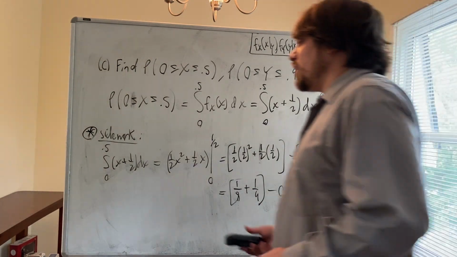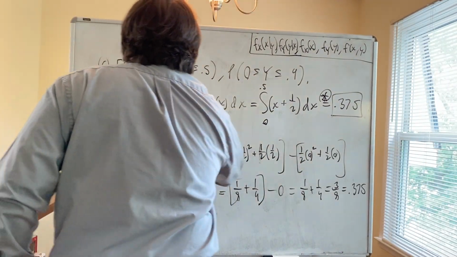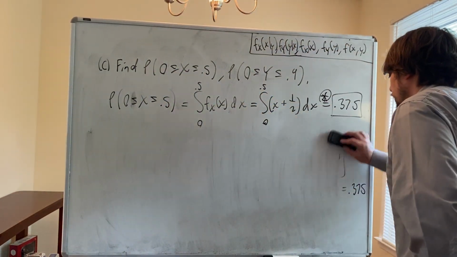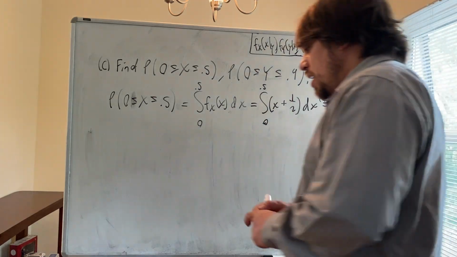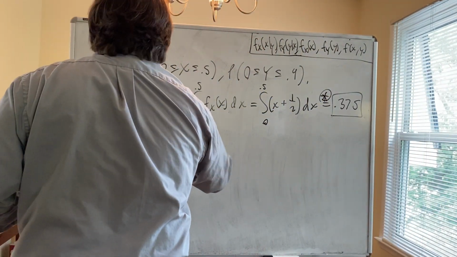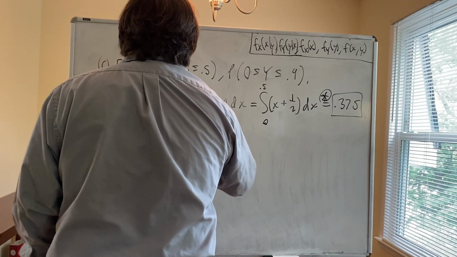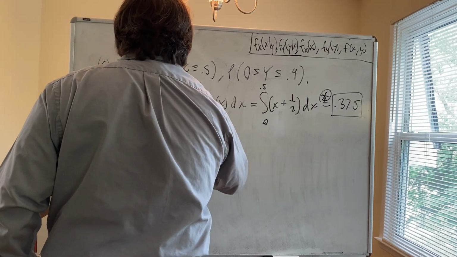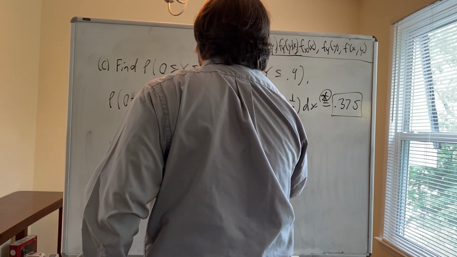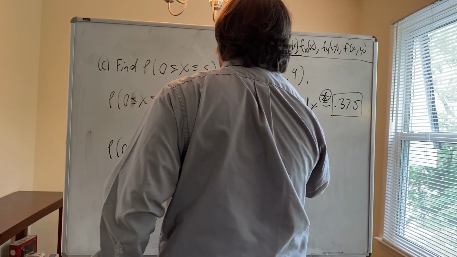Okay, so let's keep going. Now let's do the other probability: the probability that 0 is less than or equal to y, less than or equal to 0.4. That's equal to the integral from 0 to 0.4 of f sub capital Y of y dy.